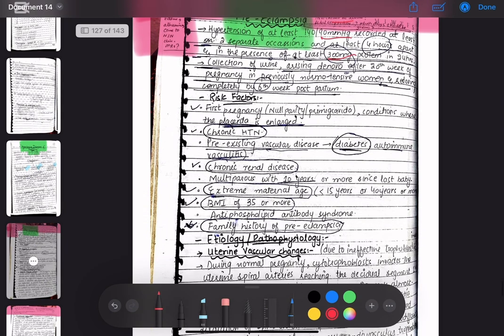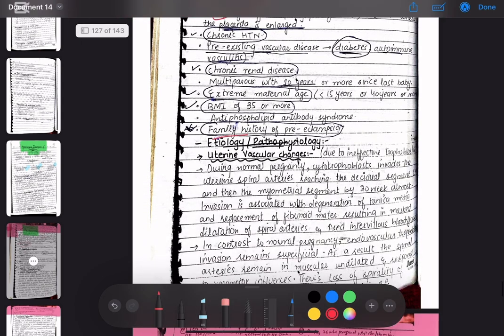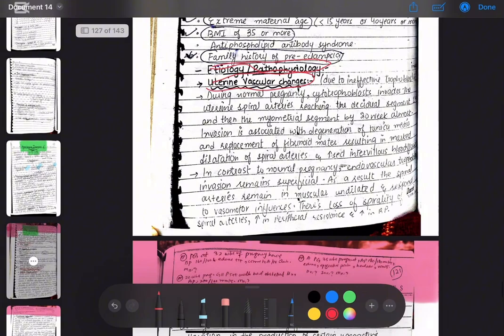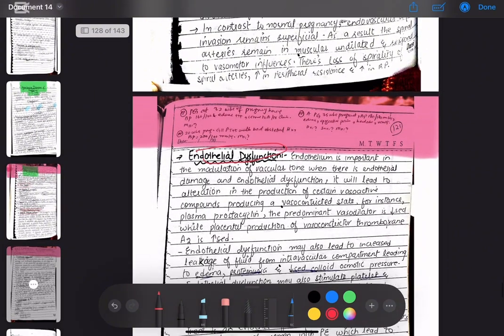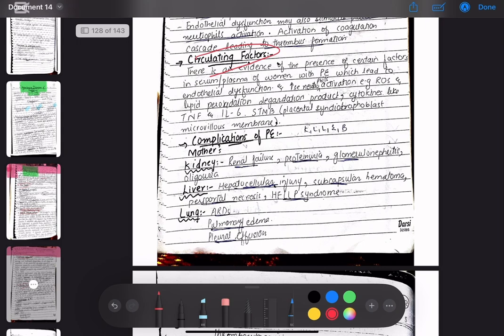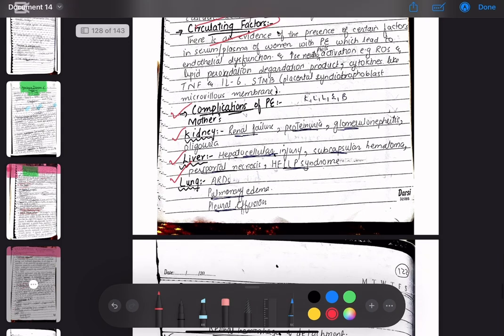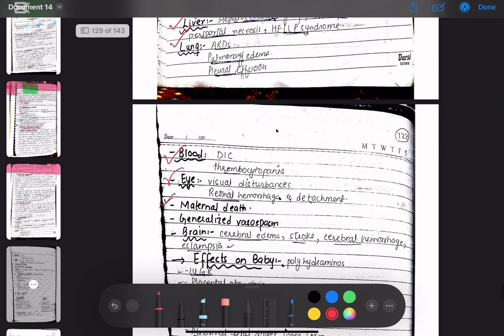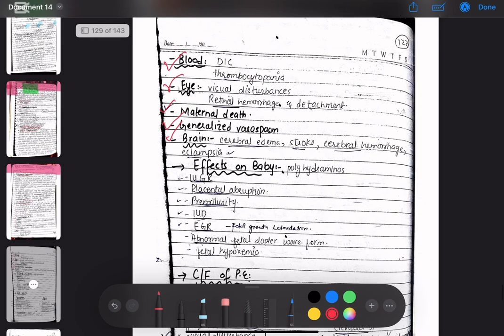The risk factors are first pregnancy, and these are the risk factors. These are the etiology or pathophysiology of preeclampsia, which are uterine vascular changes, endothelial dysfunction and circulating factors. Then we have discussed the complications of preeclampsia, which are the mother's complications, that is kidney, liver, lung, blood, eye, maternal death, generalized vasospasm, brain, and the effects on the baby.